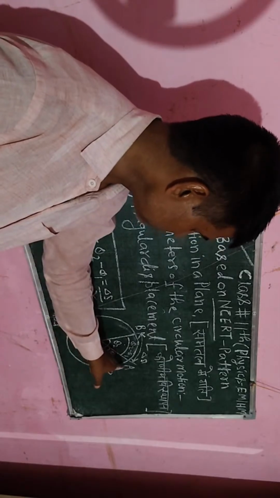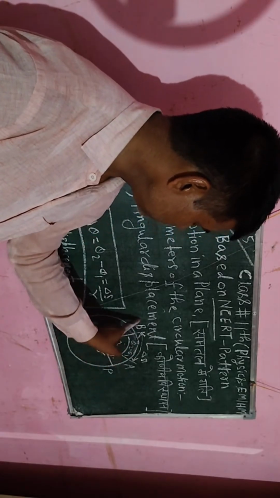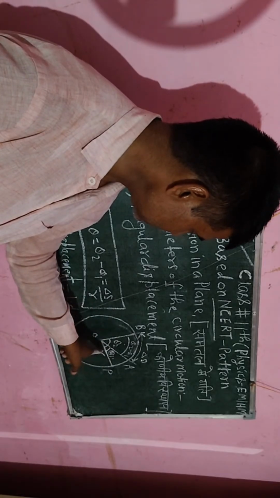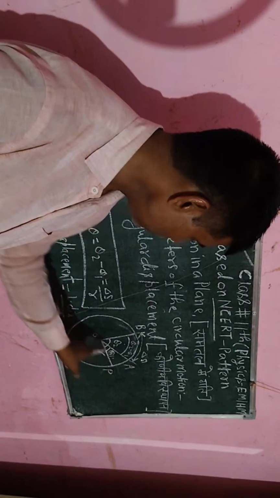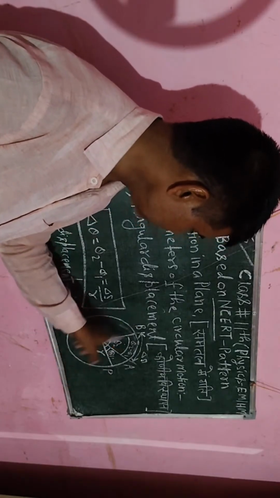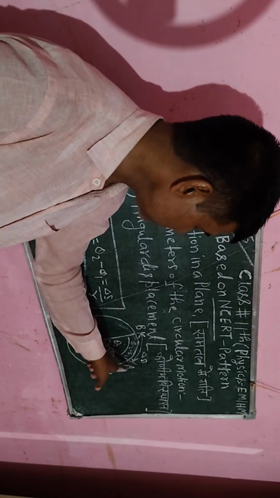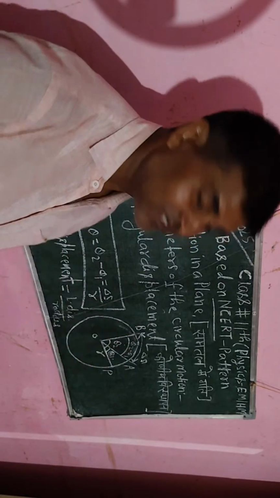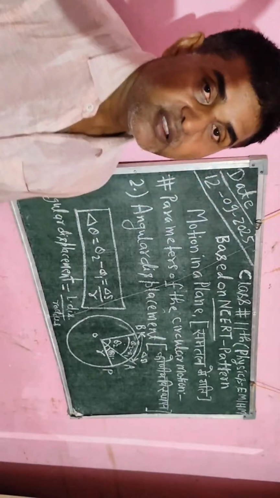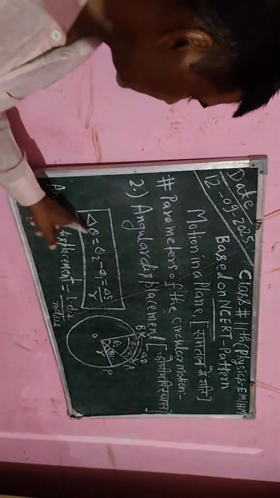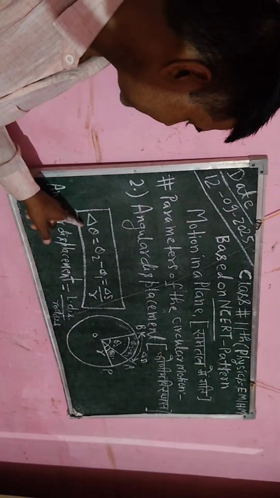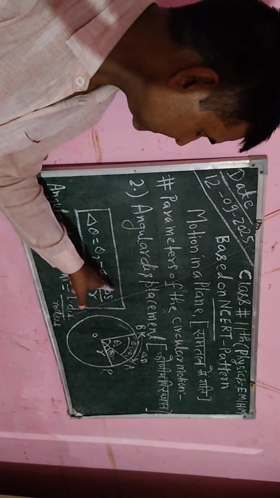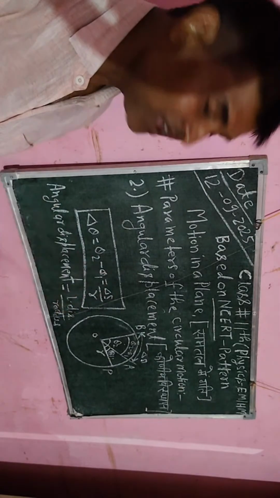Now from point A to B it is going, so I get an angle theta 2, from OB. So we have to get the angle AOB, that is theta 2 minus theta 1, the angular displacement, which I have written as delta theta equal to theta 2 minus theta 1, and it is written as delta S divided by R.